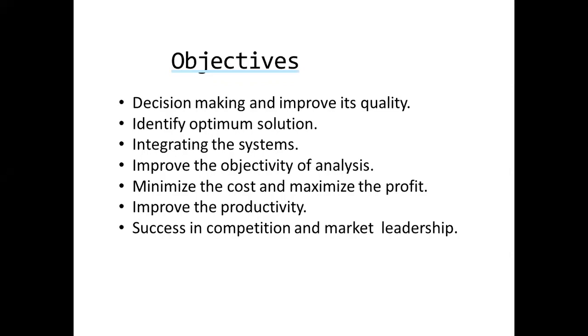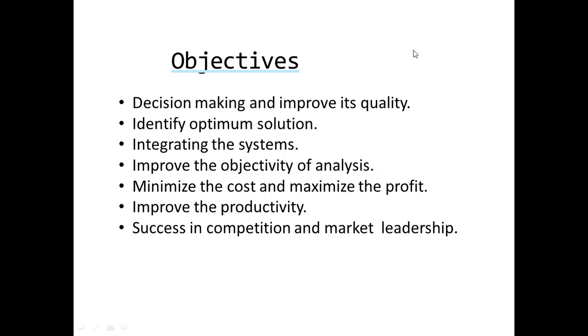Many problems occur in organizations, in industry, and in other fields, so we have to identify the optimum solution for those problems, and integrate the system to improve the objectivity of analysis.